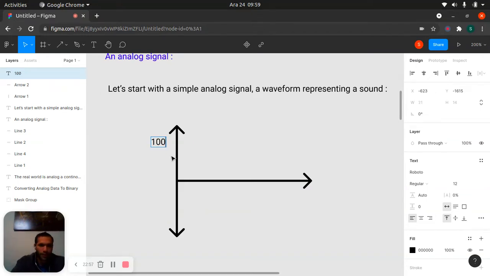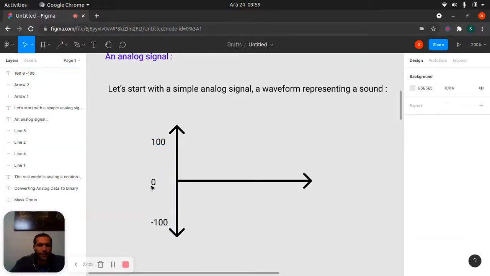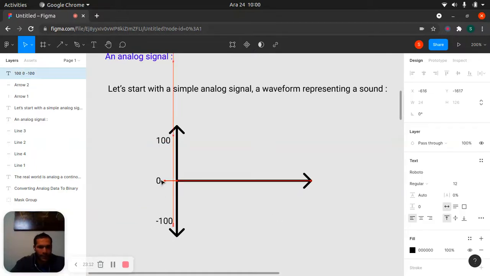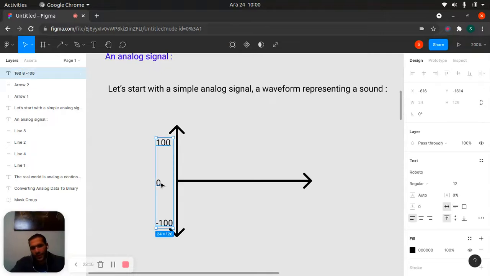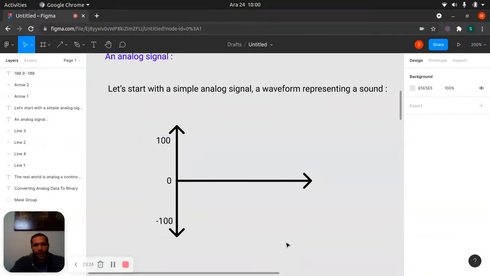Okay, maybe let's say for here 0, and for this place let's say -100. Okay, this is the old stuff here. Maybe 0 can be a little here.